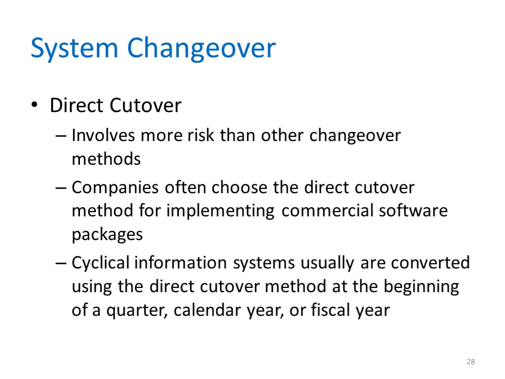When a cyclical information system is implemented in the middle of any cycle, complete processing for the full cycle requires information from both the old and the new systems. To minimize the need to require information from 2 different systems, cyclical information systems usually are converted using the direct cutover method at the beginning of a quarter, calendar year, or fiscal year.